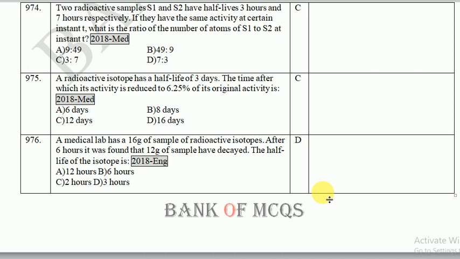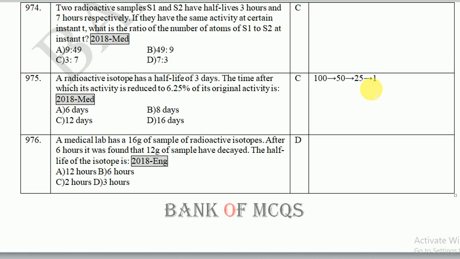A radioactive isotope has a half-life of 3 days. The time after which it decays to reduce to 6.25%. Maybe this is quite easy, so we can do it in just 5 seconds. If the present substance is 100%, after the first decay it will become 50, and after the next decay it will become 25.